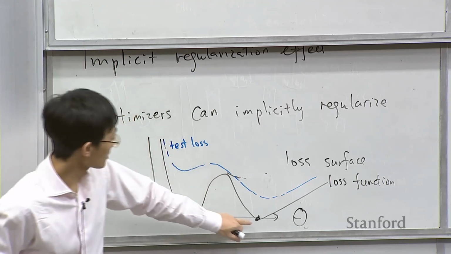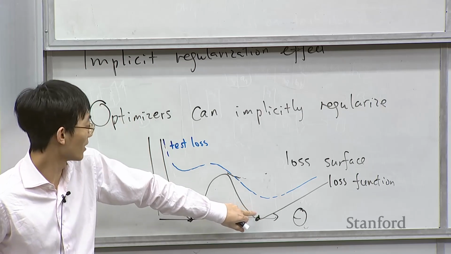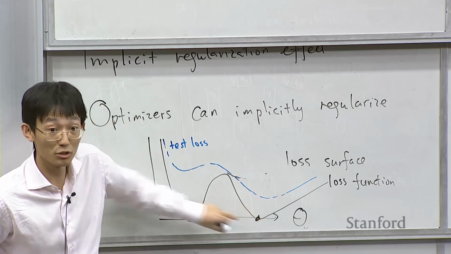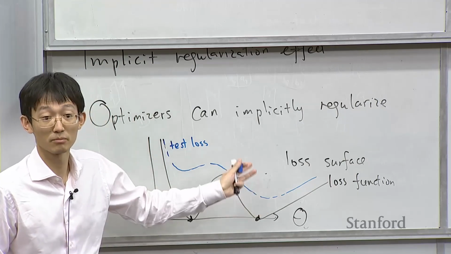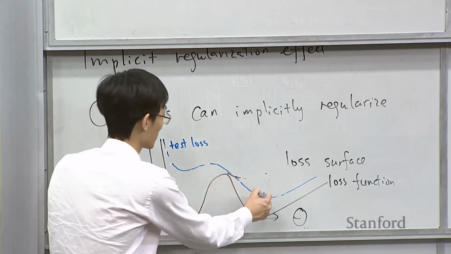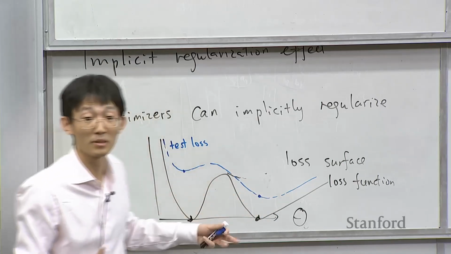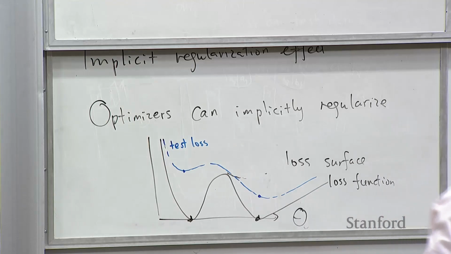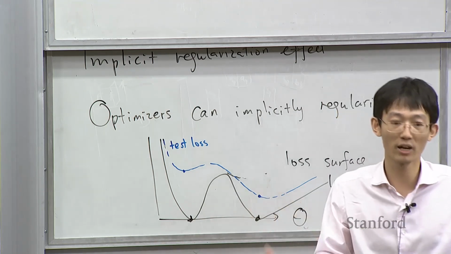That means that even though both of these two global minima are good solutions from the training loss perspective, one of them is better from the test performance perspective. This global minimum is better than that one because the test performance is better. And in some sense, the regularization effect is trying to choose the right global minimum.